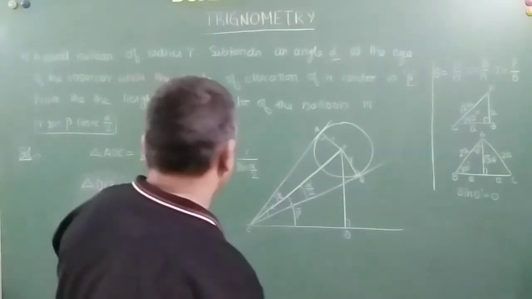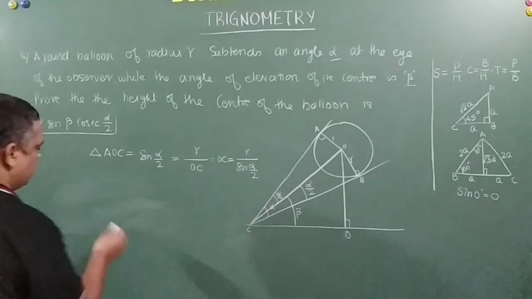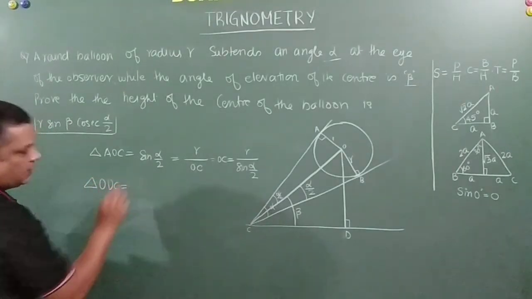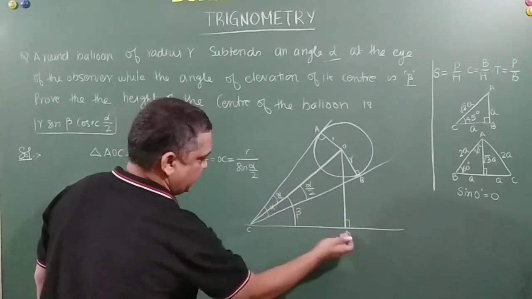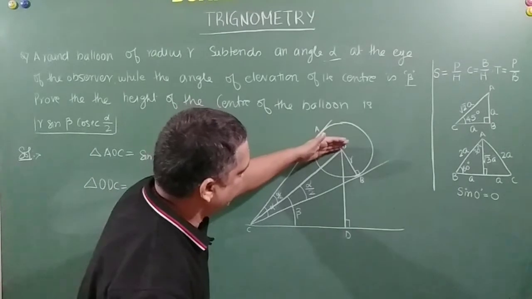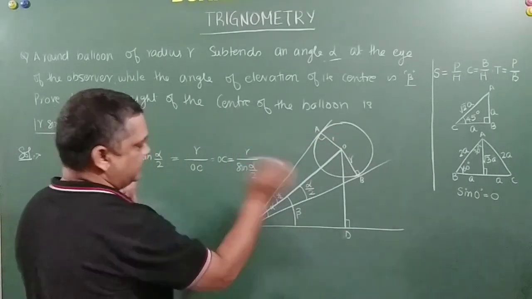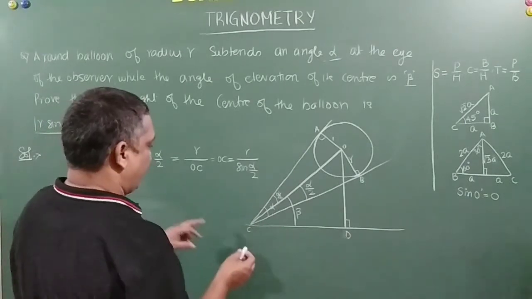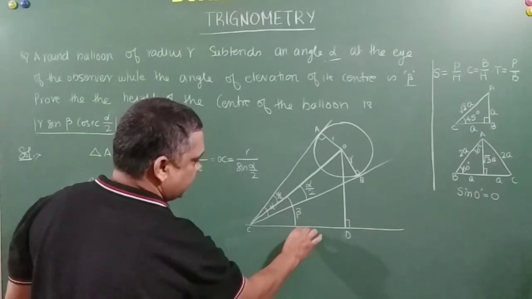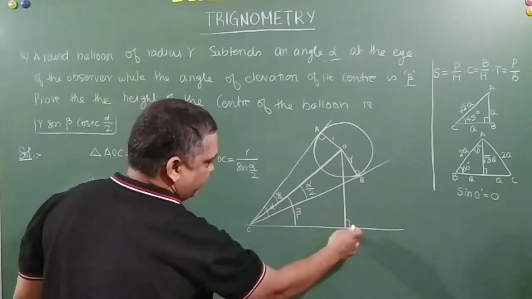I think ODC is better friends to consider, not this. Let us consider ODC only. What I am trying to do here is find out the value of OC from here, and then substitute it. So, can we take OC, that is hypotenuse, and OD we need to find out, right?